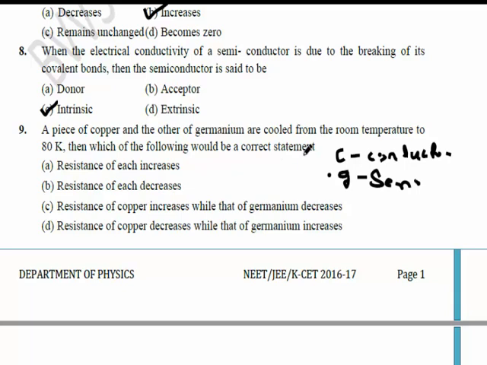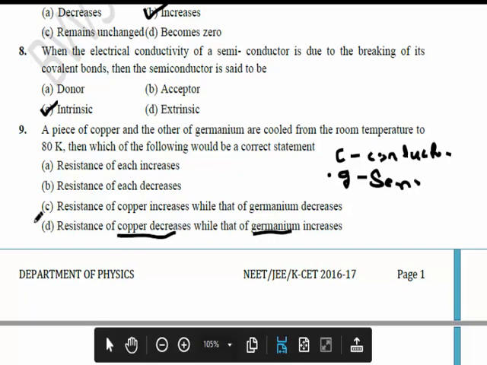For a conductor like copper, when its temperature decreases, resistance decreases. For semiconductor germanium, when its temperature decreases, its resistance increases. Means germanium increases, copper decreases. So option D is the correct option.